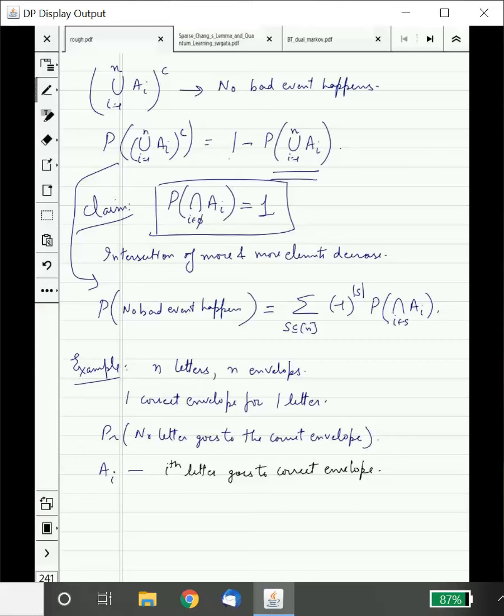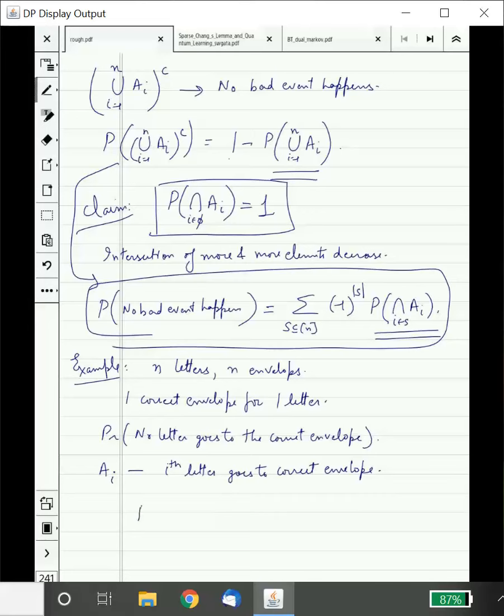Now to apply this formula, we need to figure out the probability of the intersection over S. If you notice, this means that not exactly, but at least this many letters go to their correct positions. So these letters go to their correct positions, and the remaining ones I can permute independently. And then the total number of permutations is n factorial.